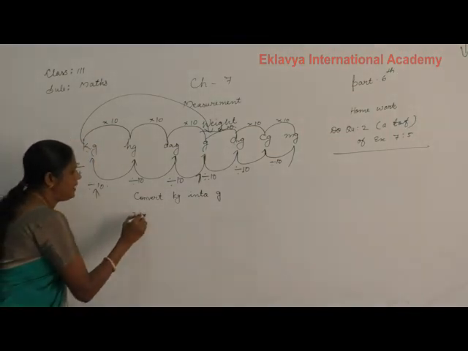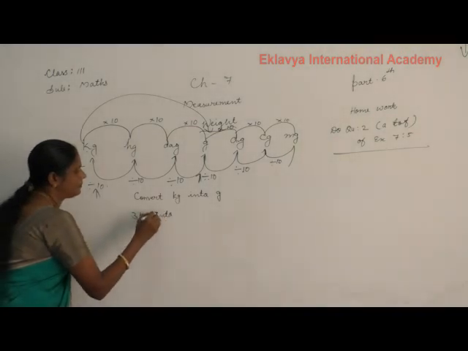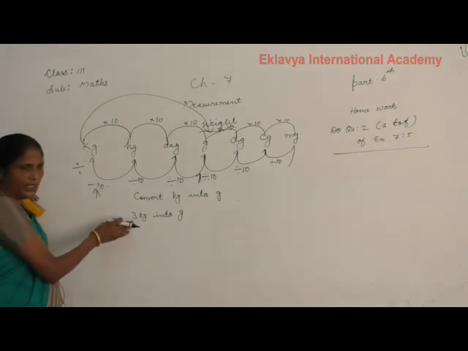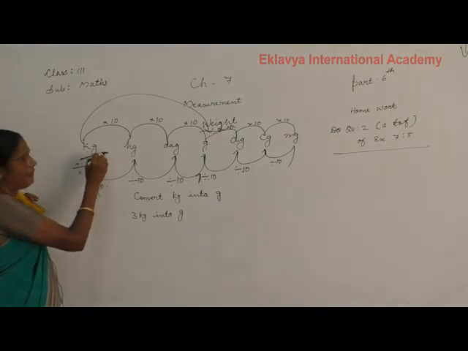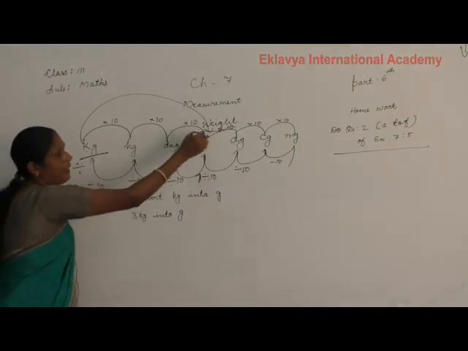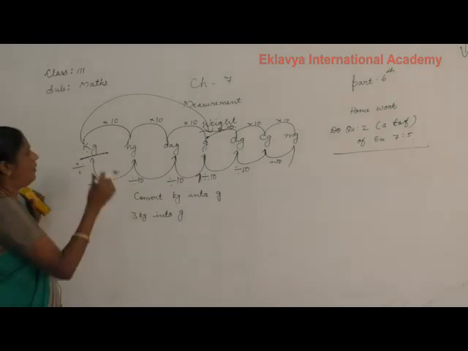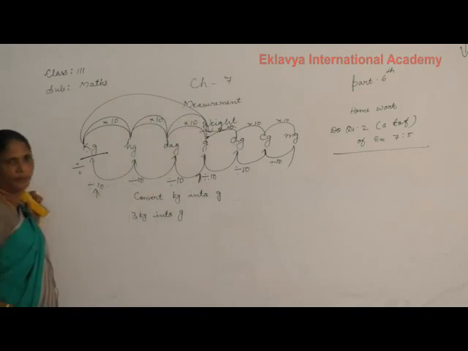3 kg into gram. Here is our kg, we go to gram. How many steps do we move? 10, 100, 1000.